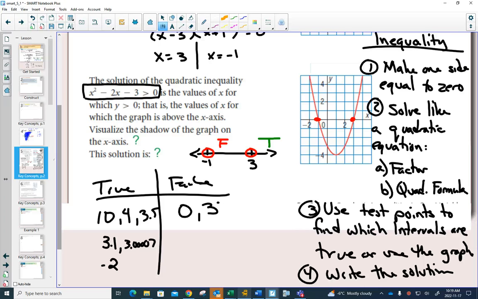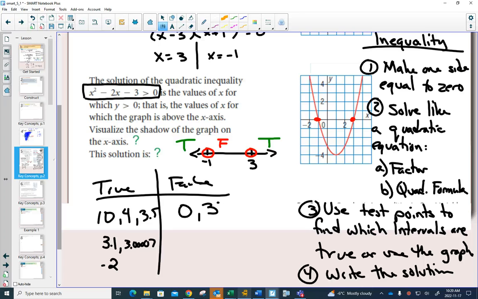It's true. So this whole section will be true as well. So this is step 3. If you use test points to find which intervals are true, we make a number line and split it up with intervals of where it's equal to 0. We add our solutions on there where it's equal to 0 and then can check whether it's true or false.